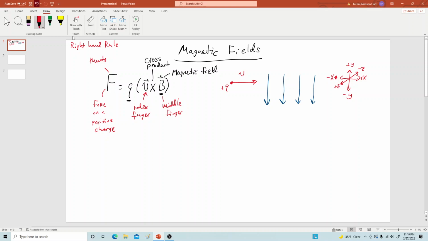I can imagine plus z coming out of the screen, negative z going into the screen. And we denote vectors on a diagram like this. We're going to denote circles with a dot as coming out of the screen, and X's represent vectors going into the screen.